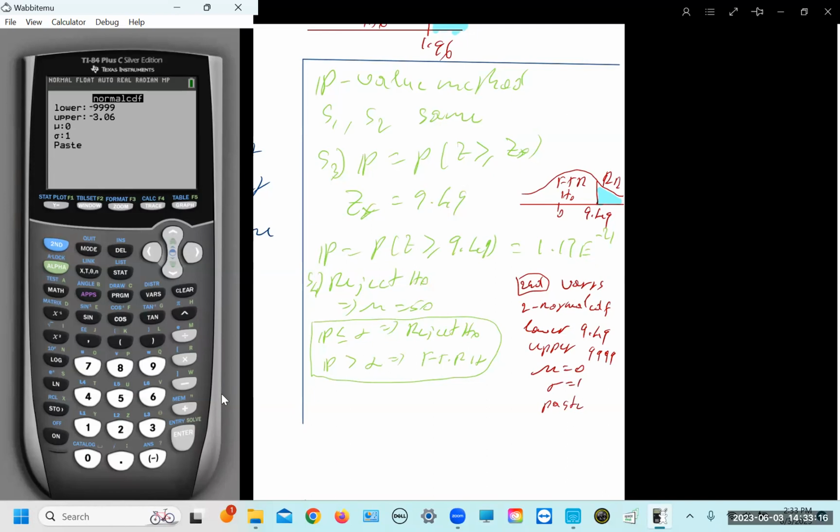So this one is 9.49, and the upper 9999, and the same thing, and we hit enter again. So this one right here, 1.17 e to the minus 21.